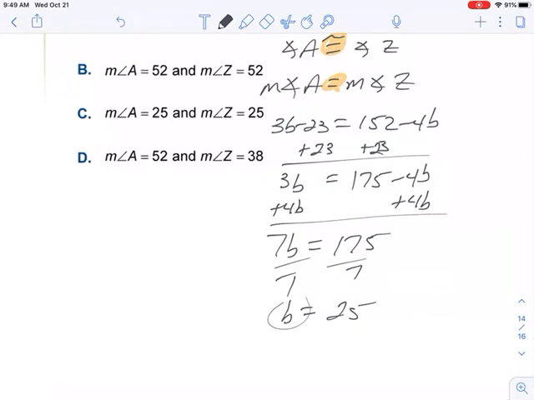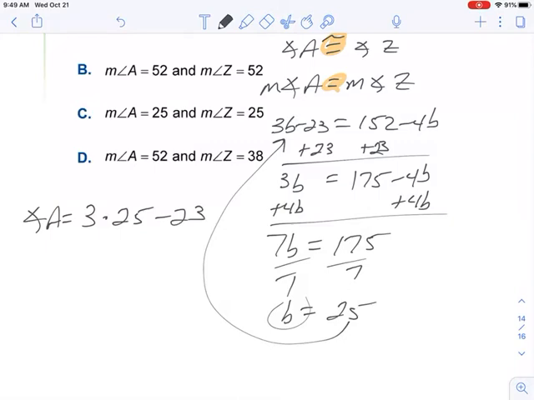So angle A, putting that right in there. Angle A equals 3 times 25 minus 23. 3 times 25 is 75. 3 quarters makes 75 cents. 75 minus 23 is 52. Got a 52.